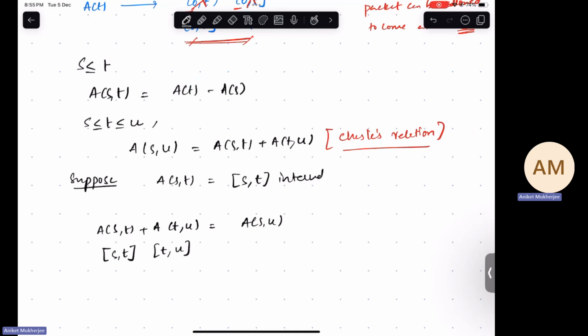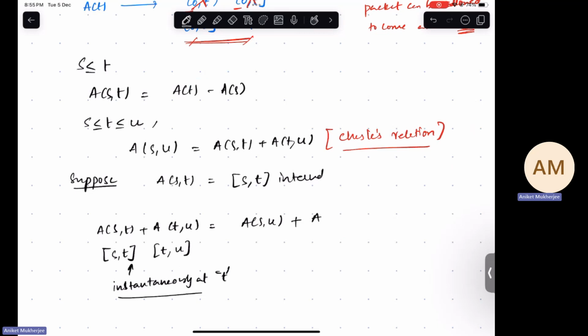So any packet which has arrived instantaneously at t, you're calculating it in [s,t], and you're also calculating it in [t,u].